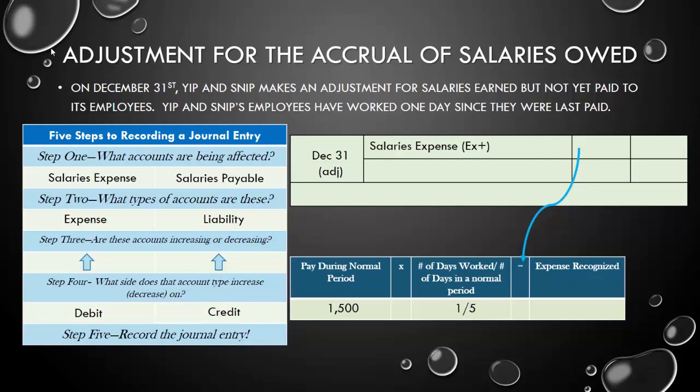They've worked one day. Their normal pay period is for every 5 work days, which means it's got to be 1/5 of what they typically make for this one day, and that is $300. So we're going to debit salaries expense for $300 and credit salaries payable for that same $300. We adjusted for accrued salaries owed to our employees.